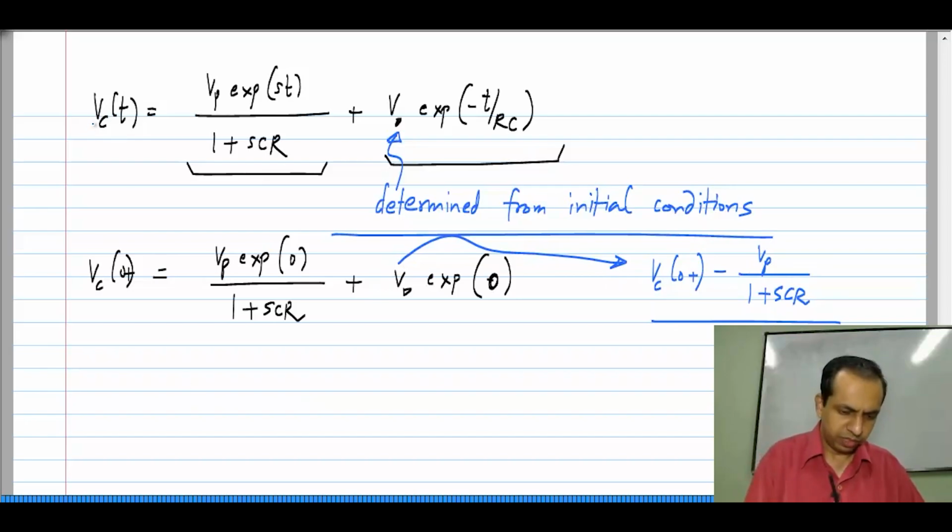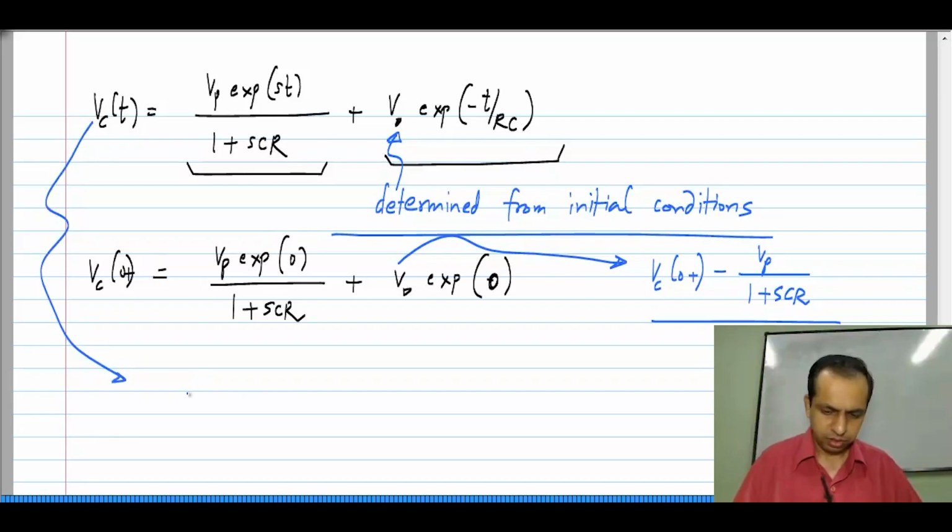So, if I use that to complete the expression here, what will I get? Vc of t equals, I will have a Vp by 1 plus SCR there and a Vp by 1 plus SCR multiplying that one.